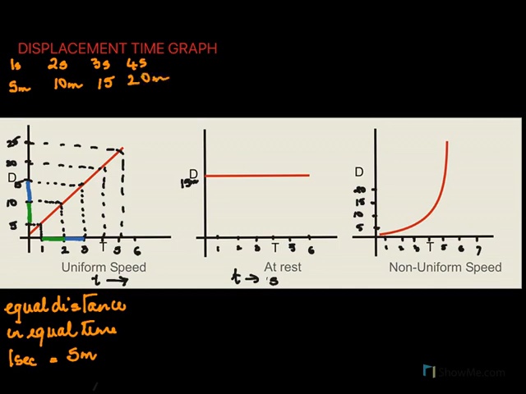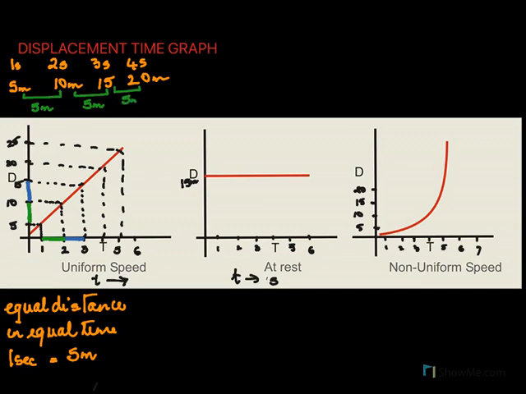So have you seen, between the first and the second second, it has moved 5 meters. Now look at the second and the third second. It has moved from 10 meters to 15 meters. It has moved 5 meters. Now between the third and the fourth second, it has moved from 15 meters to 20 meters.